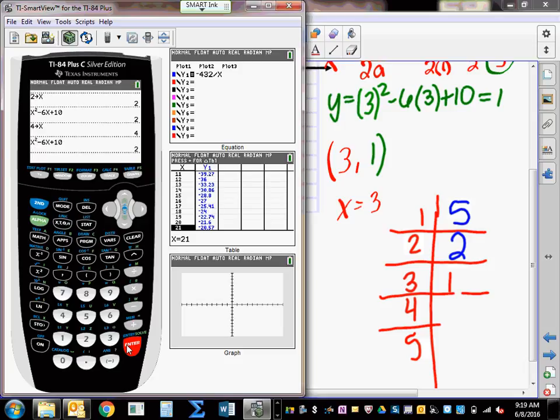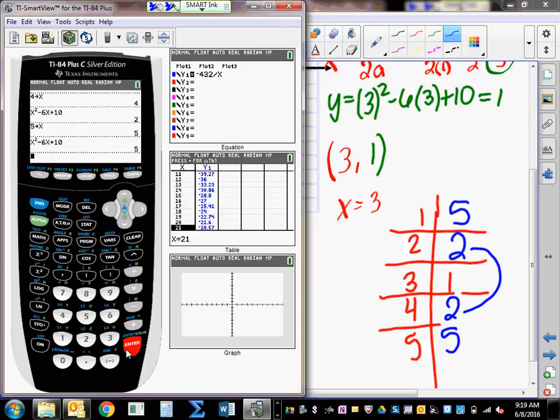Good, we got 2. And we take 5 and store it in. Awesome. So after you found your values, as long as your vertex is in the middle, you should see this mirror image. Okay. So now all we have to do is plot this.